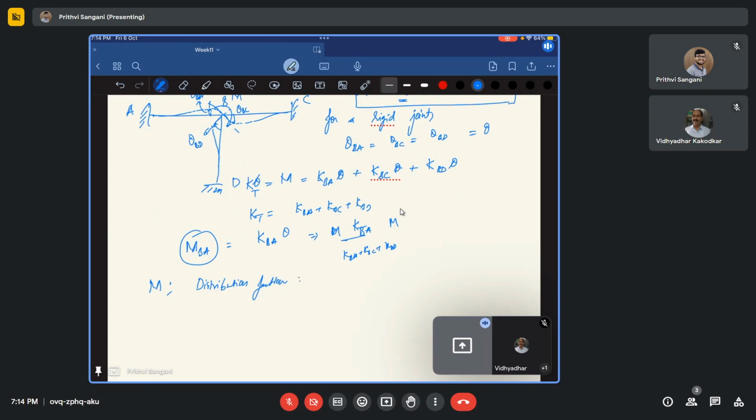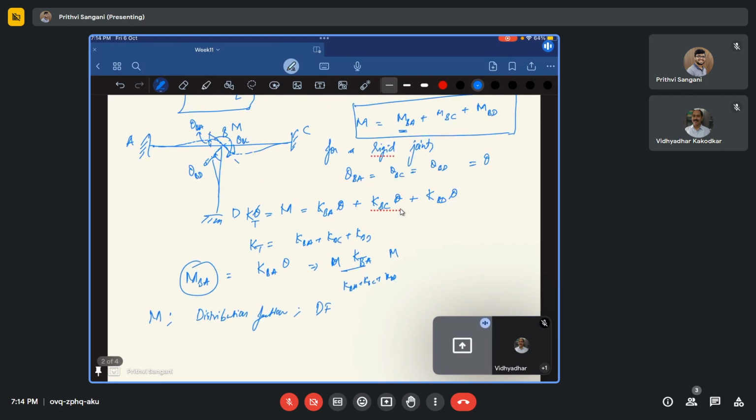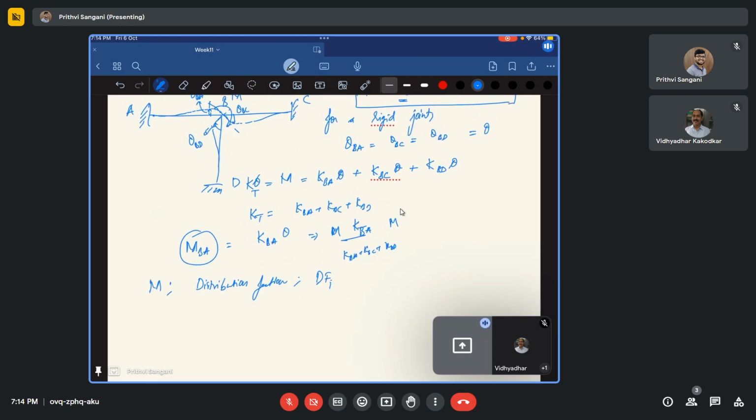Let us say we have three members here, so I'm just writing it as I, any member 1, 2, 3. The distribution factor for member i is going to be Ki of that member divided by Kt. Kt is nothing but the total stiffness, which is the summation of all the stiffnesses. So this is what the distribution factors are.